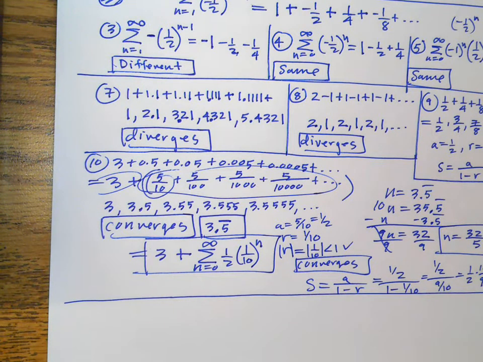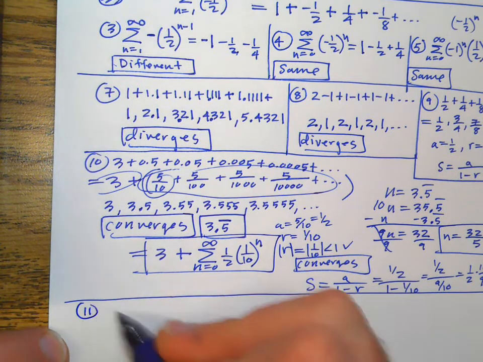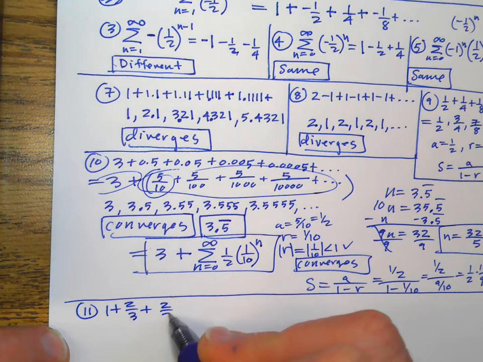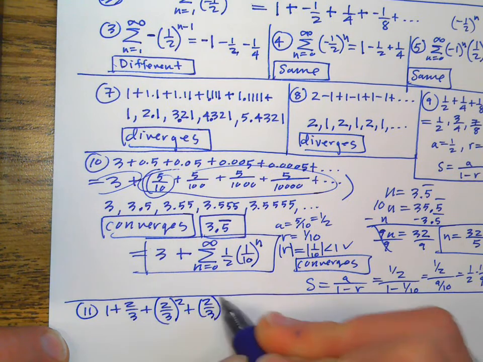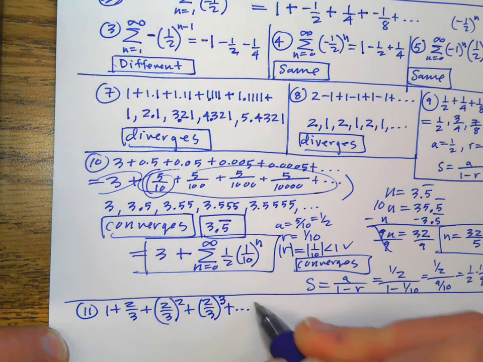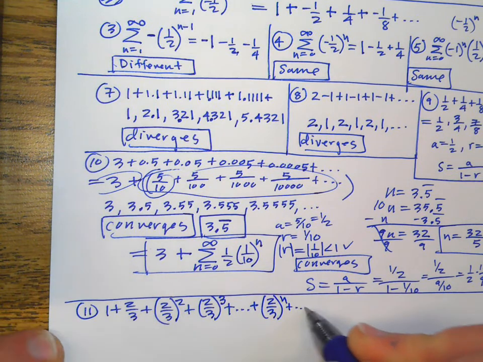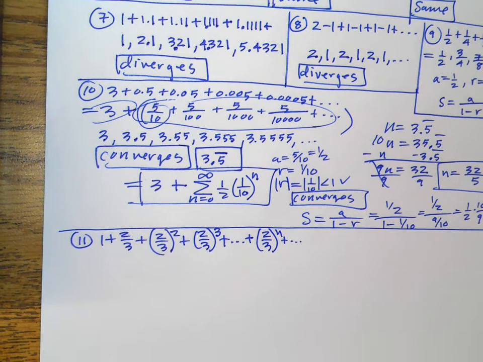All right. So let's see. 11 is 1 plus 2/3 plus 2/3 squared plus 2/3 cubed plus dot dot dot plus 2/3 to the nth. So this is the open form, but it does have the general term there, which is all you need usually for the closed form.